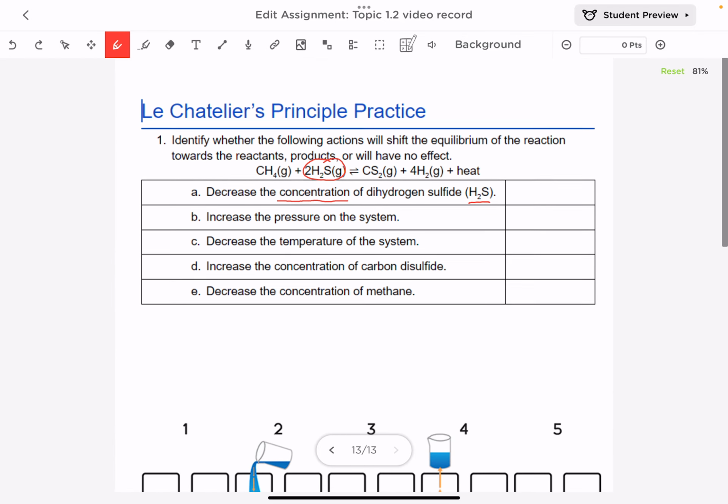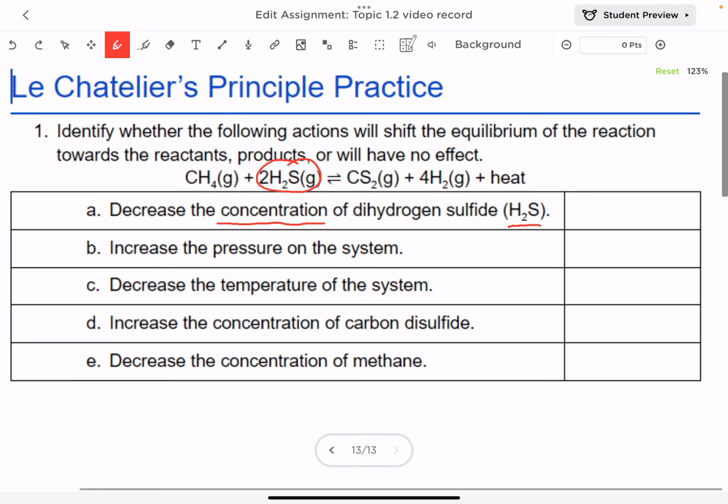In this system, if H2S is removed, the system is going to go toward the left in order to give me back the reactant removed. So my answer here would be towards the reactant, so towards the left.